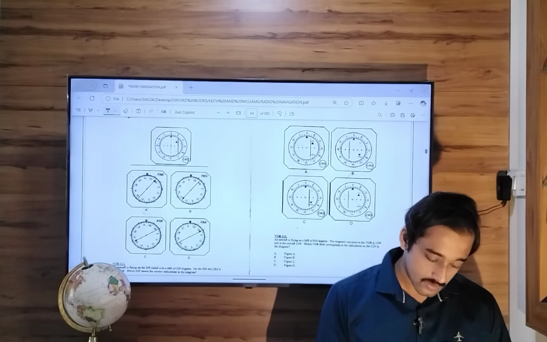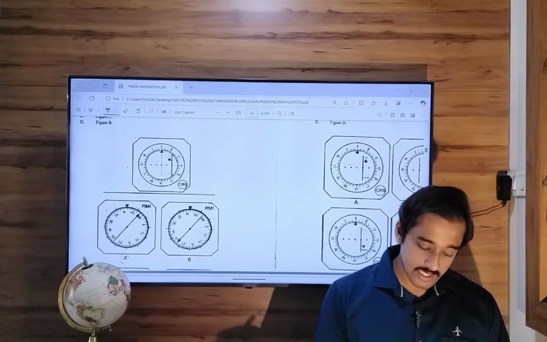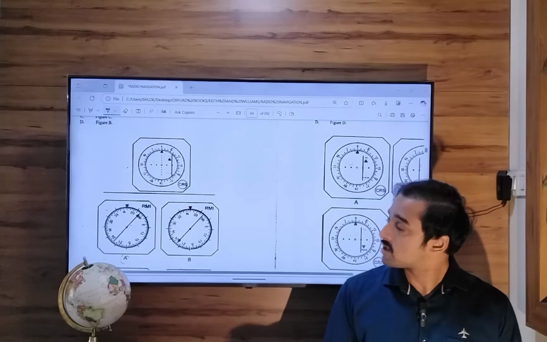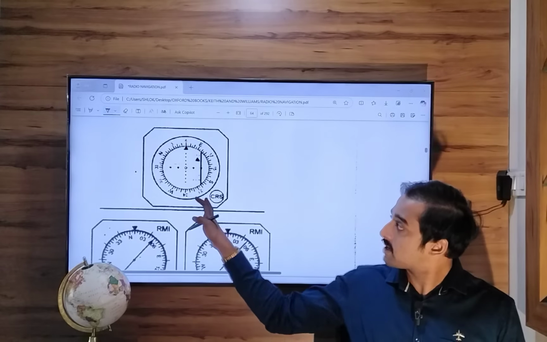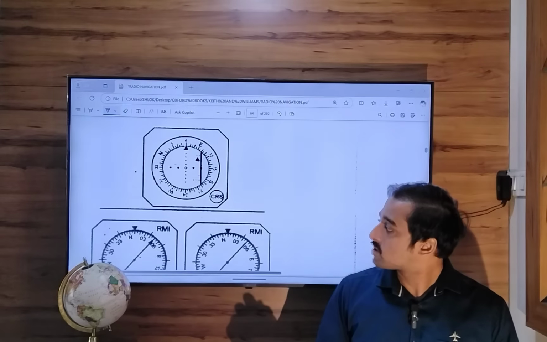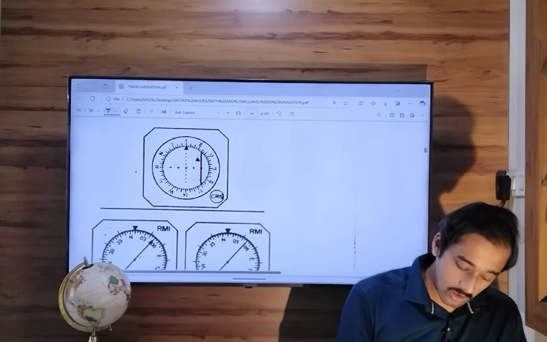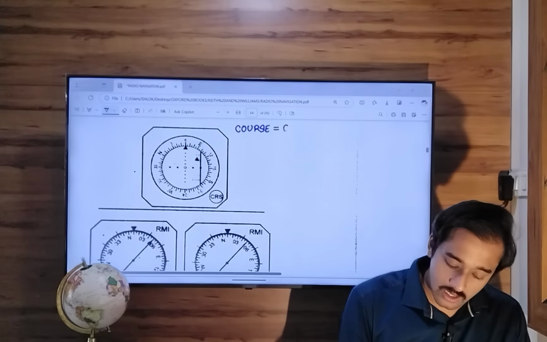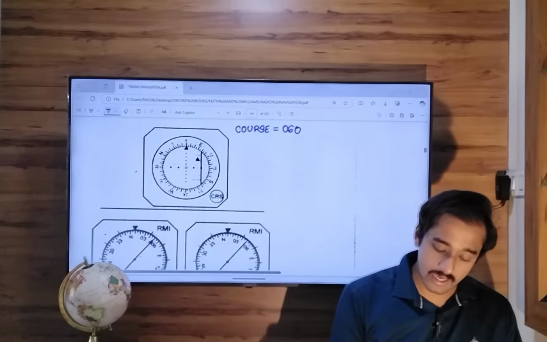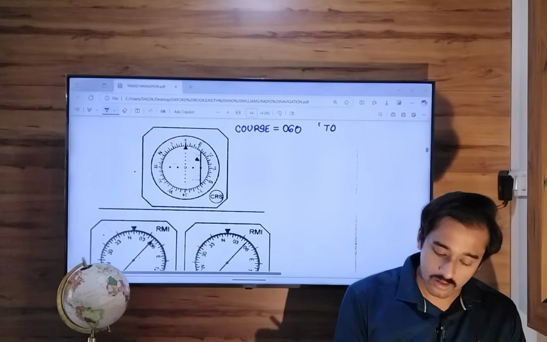So you can see that this is your CDI indicator. The course that you have selected is 060, and the TO-FROM indication shows TO.